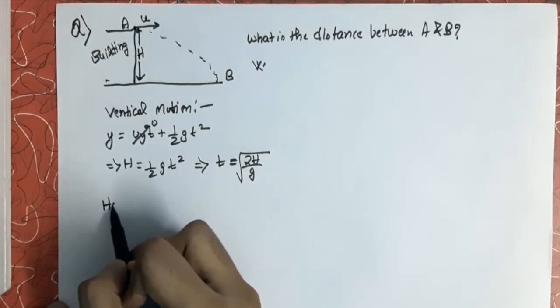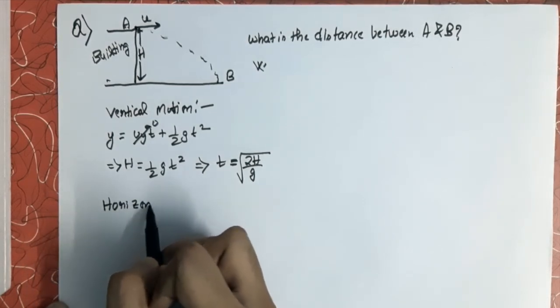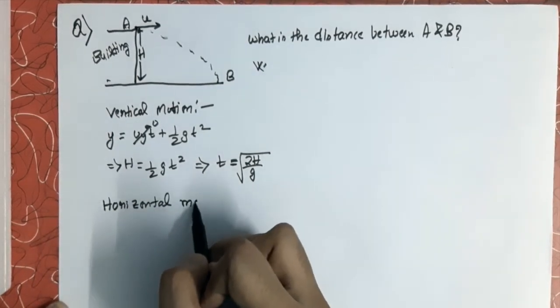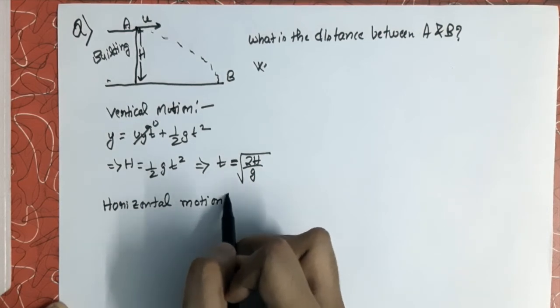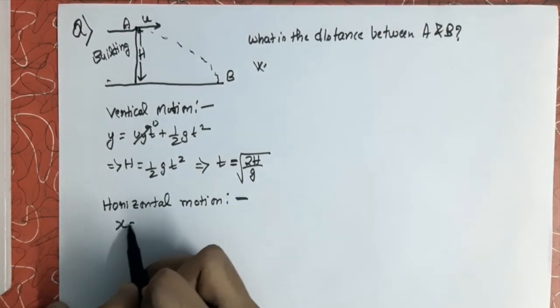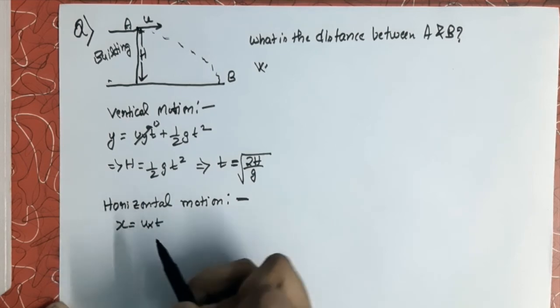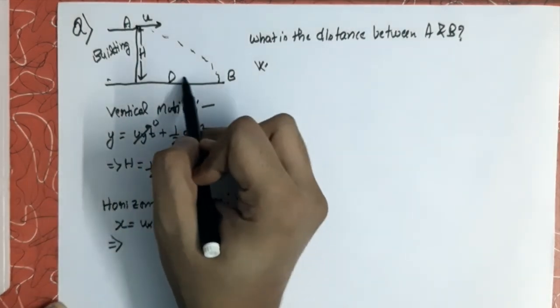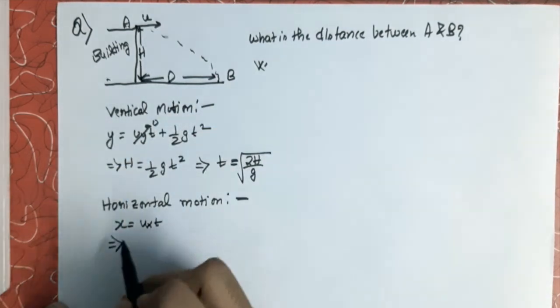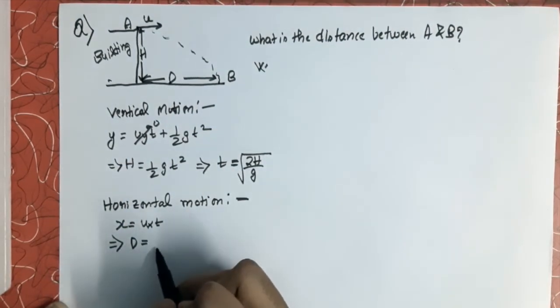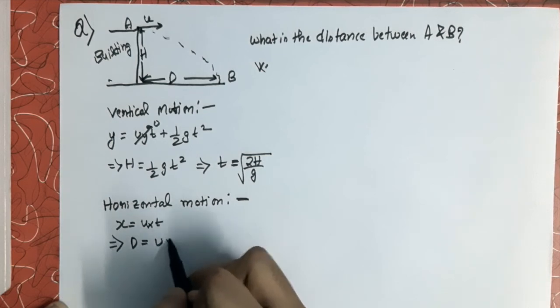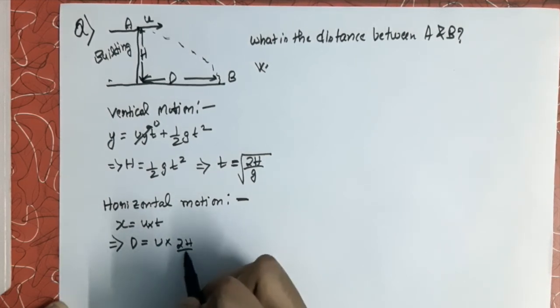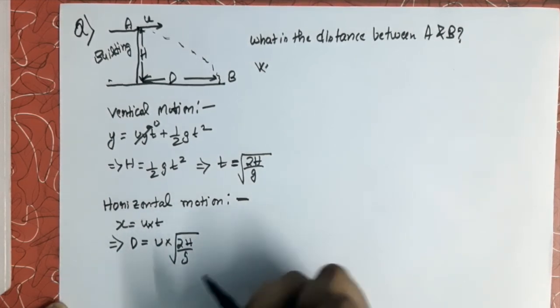In horizontal motion, if we write the equations of motion, this will be something like this: x is equal to ux into t. Now this distance, suppose it is d. So d will be equal to u into square root of 2h by g.